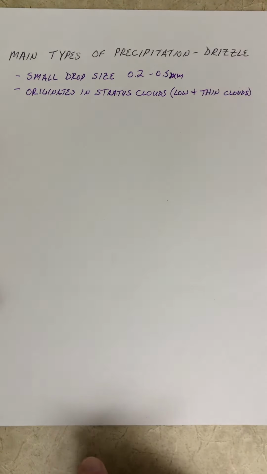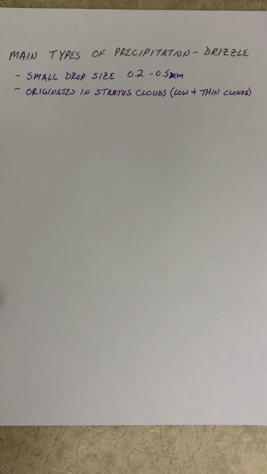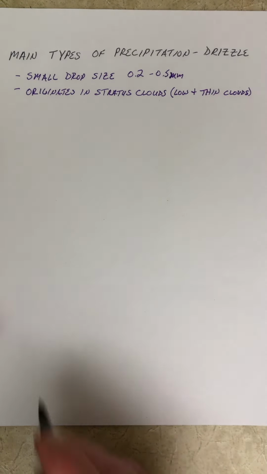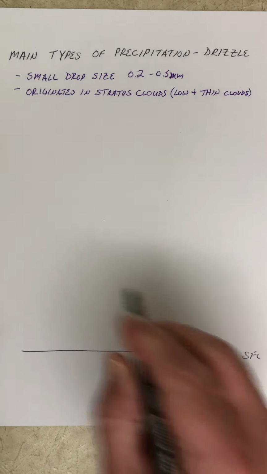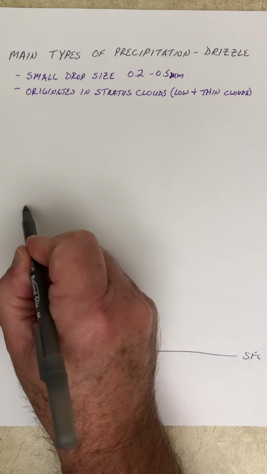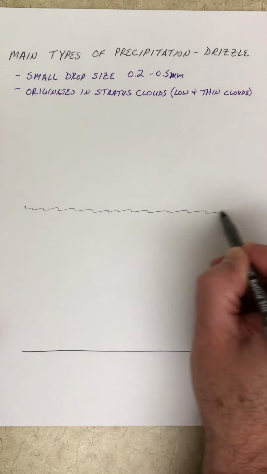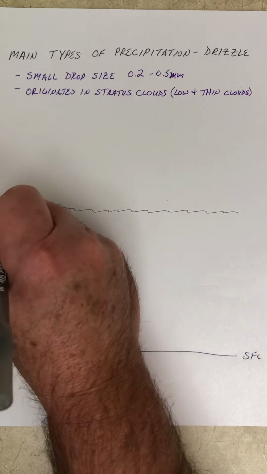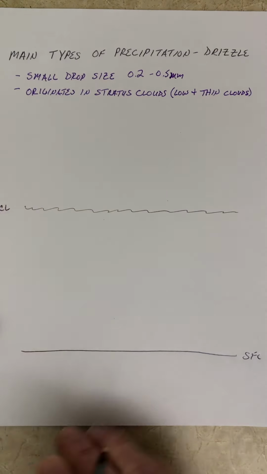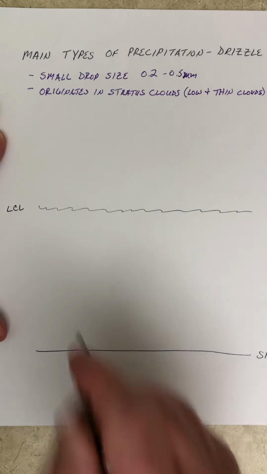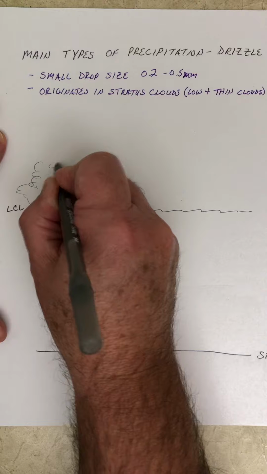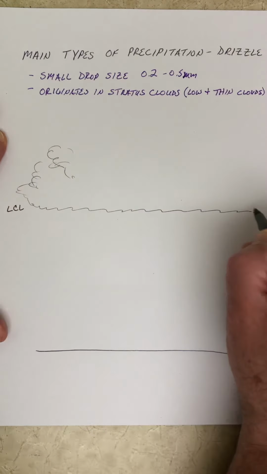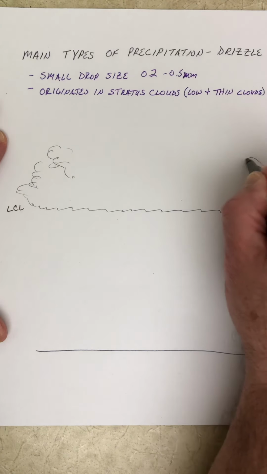So stratus clouds are low and thin, so if we start off here at the surface and we draw the base of our cloud. So here's our LCL, just to remind us of terms that we should be keeping in mind. So a stratus cloud is going to be relatively thin.